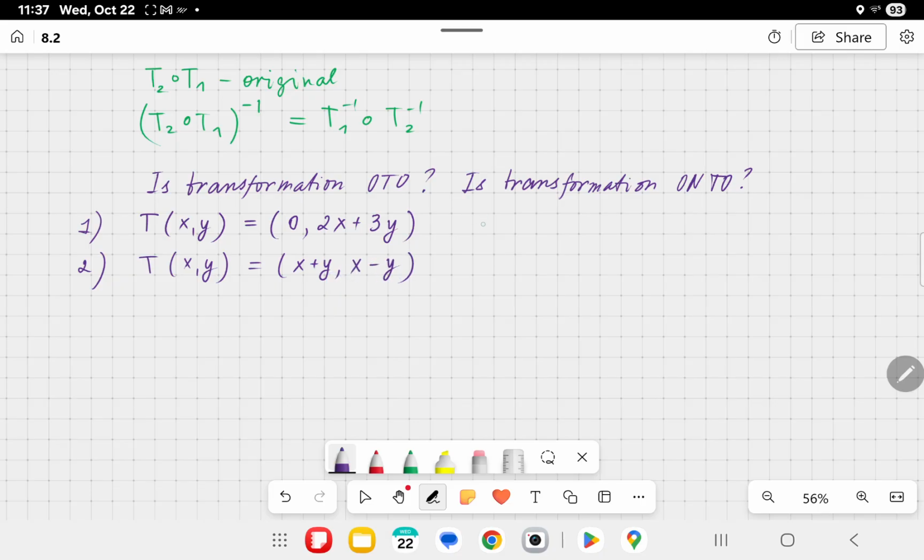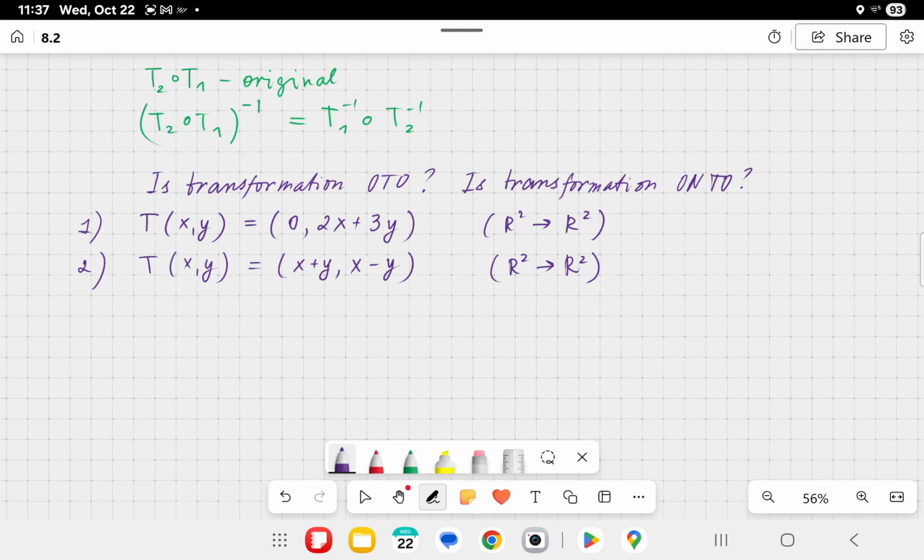Both are transformations of R2 to R2. And we will try to answer the questions not about kernel, but about one-to-one or onto.